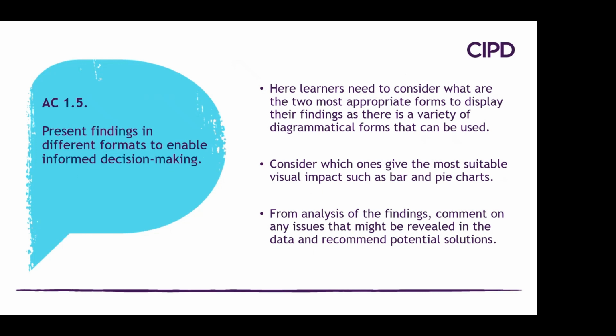So AC 1.5 continues where you present the findings in different formats to enable informed decision making. Here you need to consider what are the 2 most appropriate forms to display the findings, as there is a variety of diagrammatical forms that can be used.